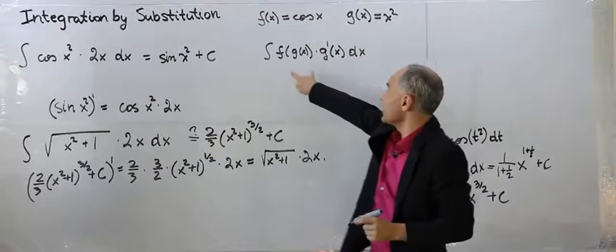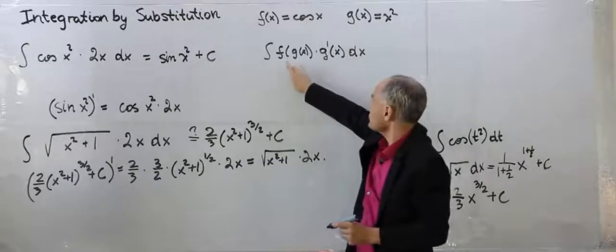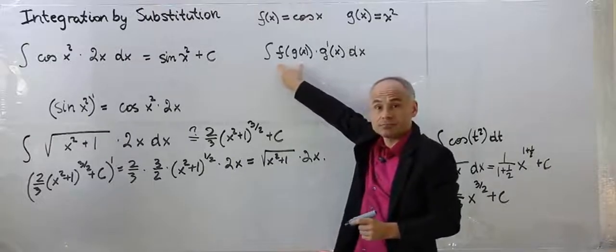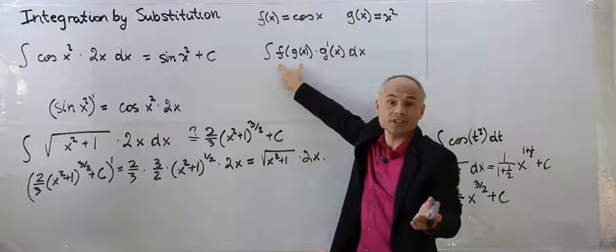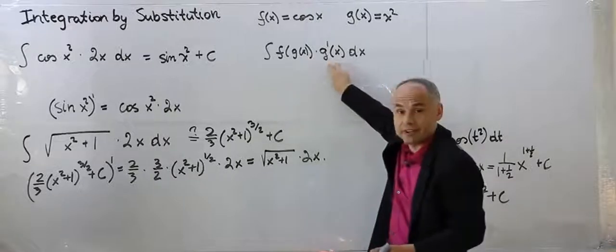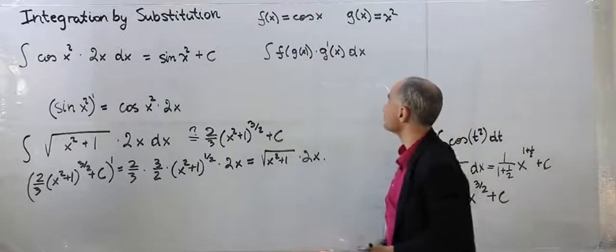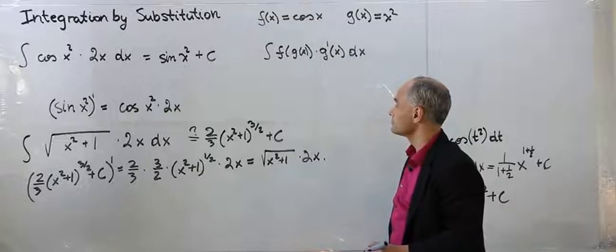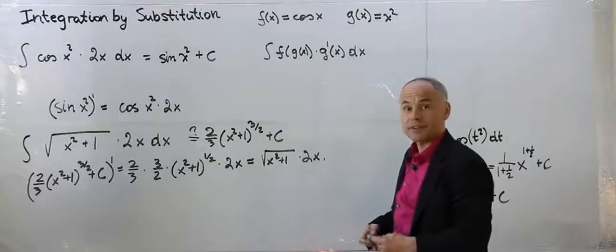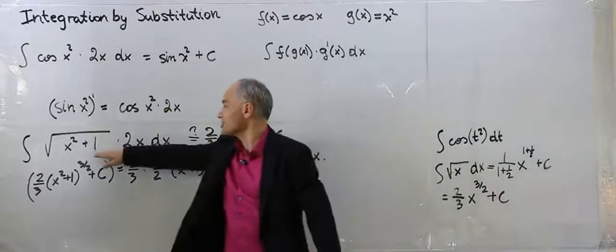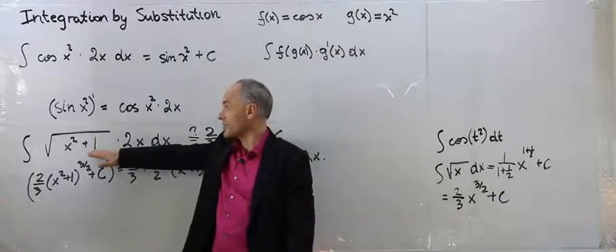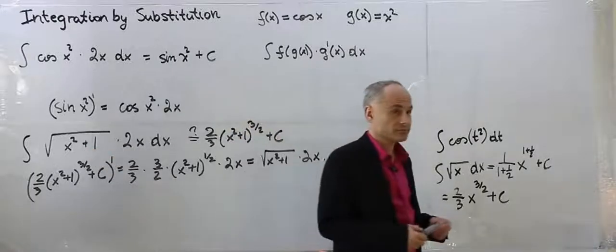So I have the integral of this form, a composite function, the composition of f and g, and the derivative of the inner function g. I'd like to give you a second to determine what f and g are for our second example here.